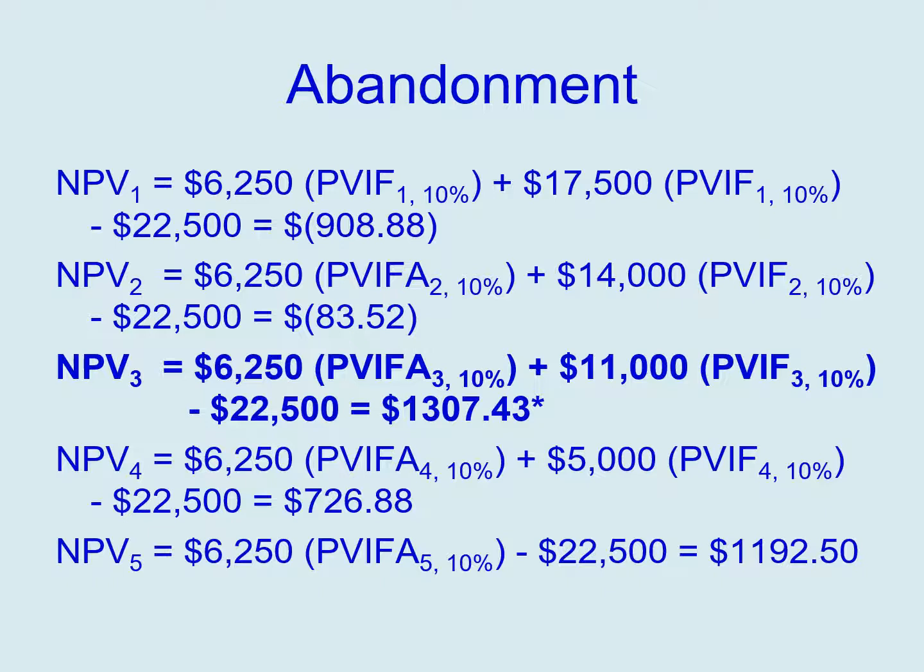It's very low risk, right? Because if we can't sell it for $11,000, then we don't have to. We know we can go ahead and keep it through year 5 and still add value to the firm. But if we can sell it for $11,000, then we'd end up with an NPV of $1,307. So our NPV is maximized at year 3.